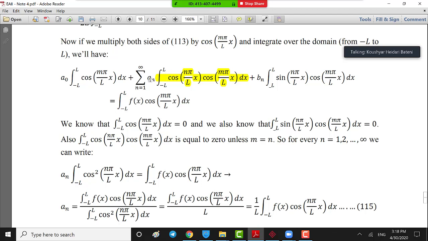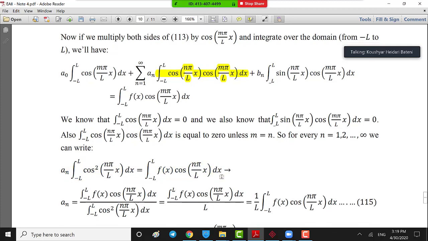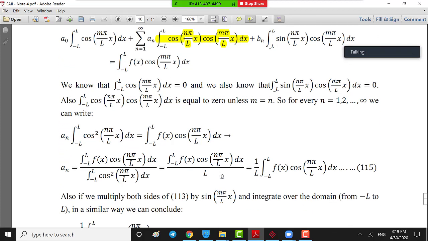So we're going to have the integration from minus L to L of cosine squared of m pi over L x, and the result is going to be the integration from minus L to L of f of x cosine of m pi over L x dx, right? And from this, we can conclude that an is equal to what?